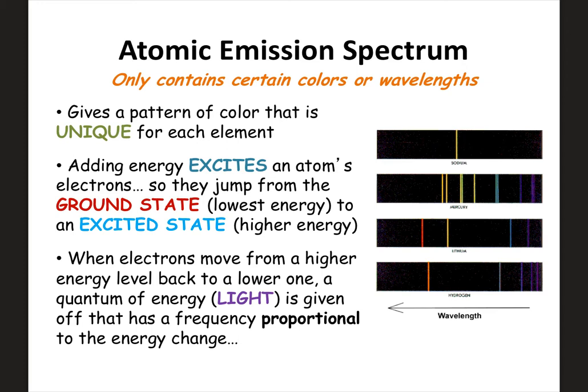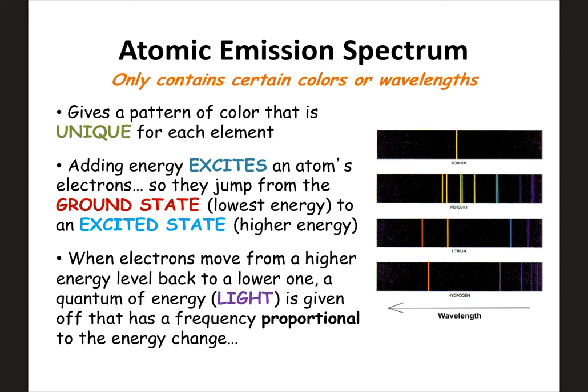But when that electron comes back down, it has to give off some of that energy. And as it gives off that energy, some of that energy is in the form of visible light that we can actually see. So some of that energy has a frequency proportional to that energy change.